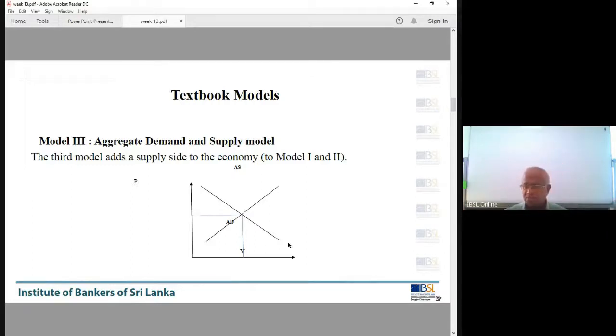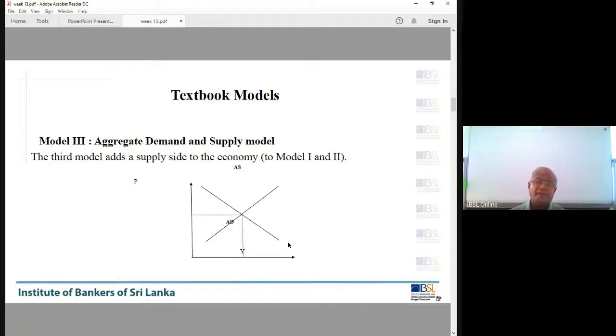The aggregate demand curve considers the goods and services produced in the economy as a whole. Aggregate supply also considers the supply of goods and services produced in the economy as a whole. Two axes, income or the GDP and the price level. Next week probably I might start the aggregate demand and supply very briefly.